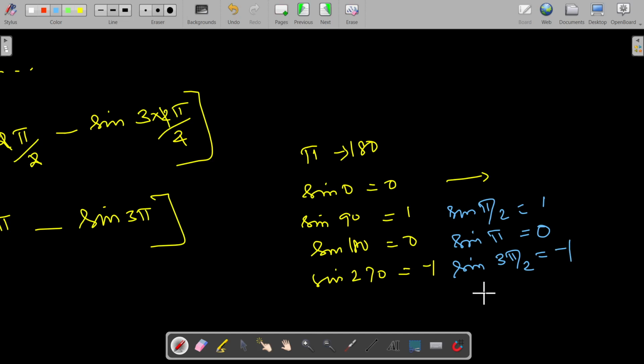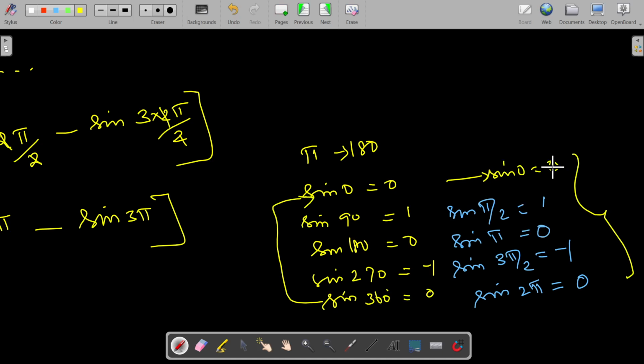Then the last one is sine 2π, that is equal to again 0. Sine 2π is nothing but 360, that is also 0. So sine 360 and sine 0 are the same, right? So this cycle repeats: 0, 1, 0, minus 1, 0, like that it comes.